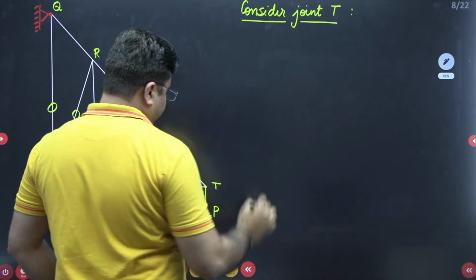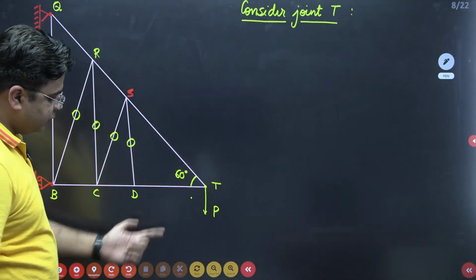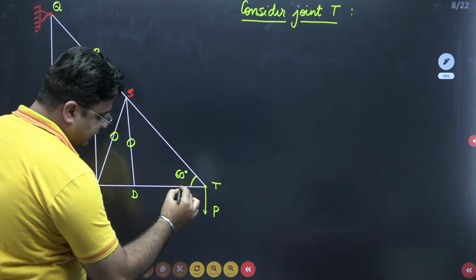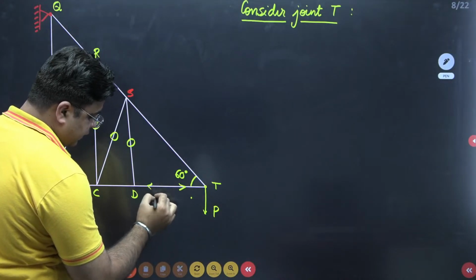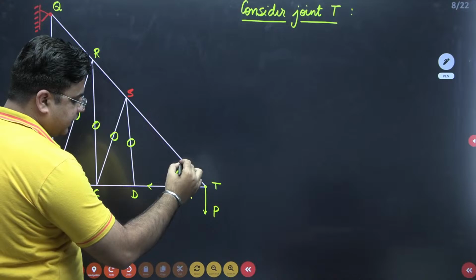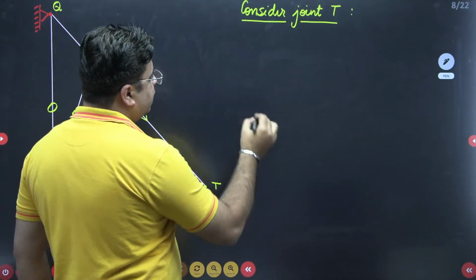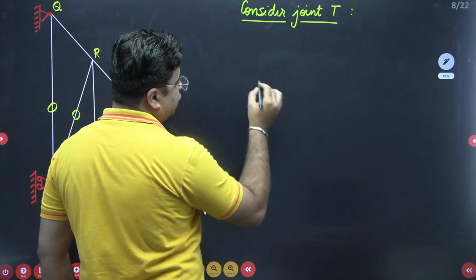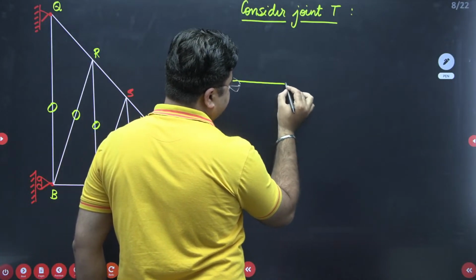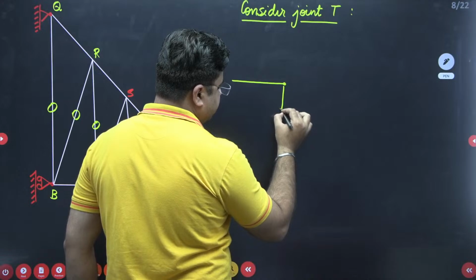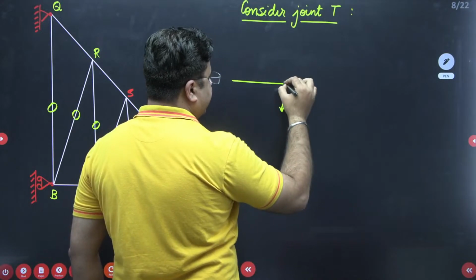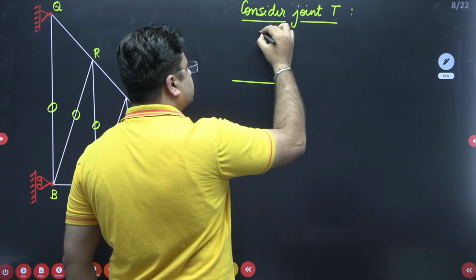So I'll assume that the force in this member is compressive in nature, like this, and the force in this member is tensile in nature, like this. Okay. So if I just draw this joint T, this is my joint T over which one external load P is acting, and then I have these member forces.